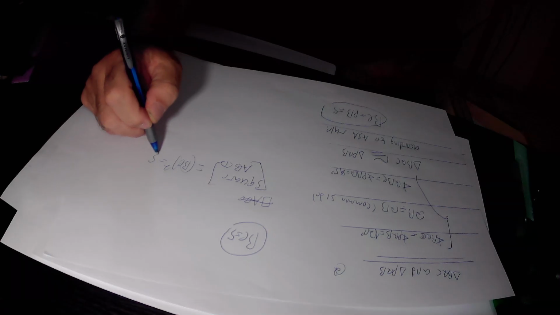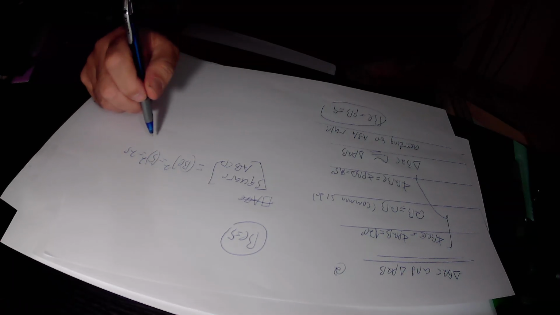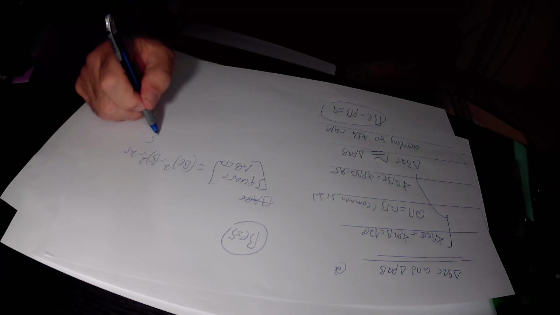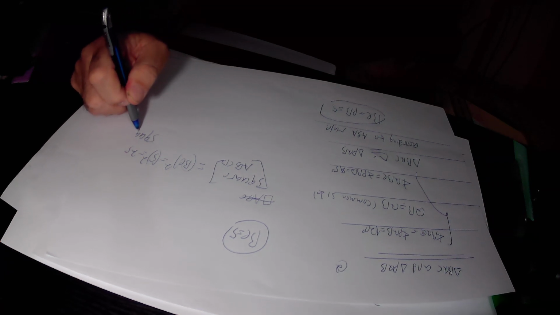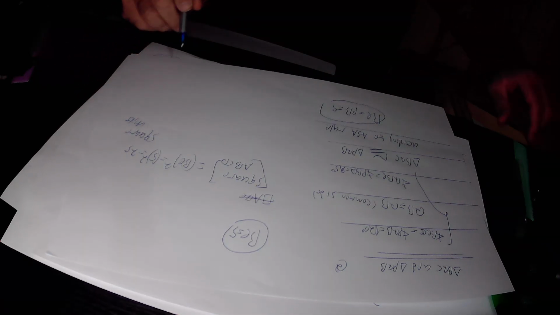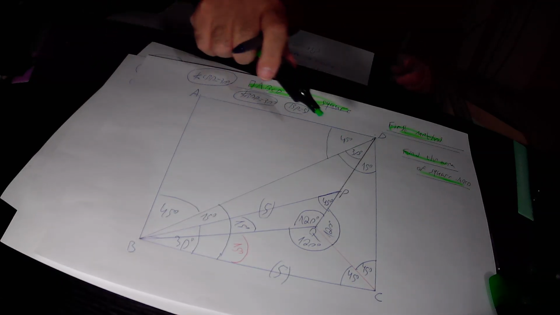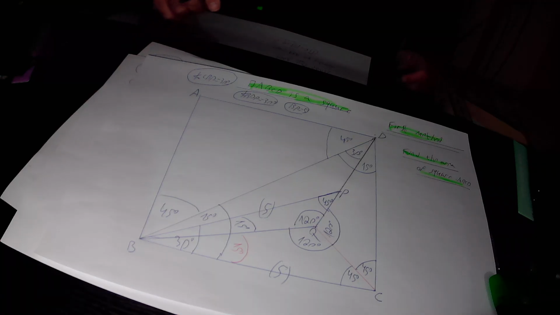BC is 5, so it is 5 squared. 5 squared is 25. So in total the area of square ABCD equals 25 square units in size.